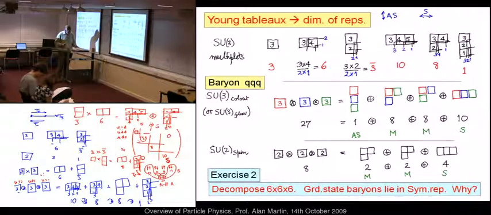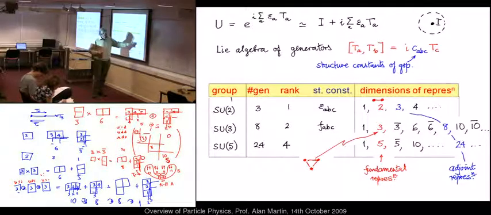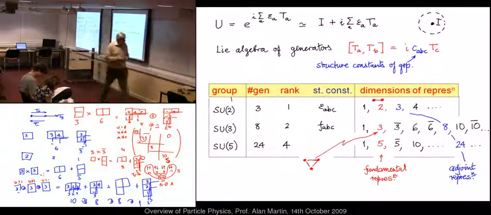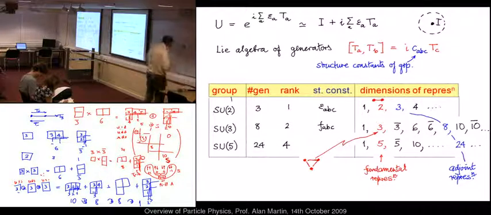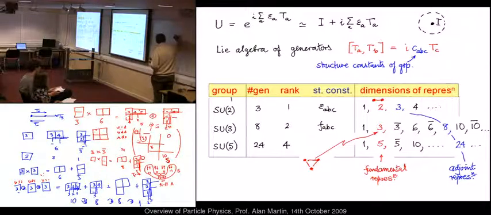Where are we? This way. You see the 6, I can't remember what the 6 bar is. I would guess 6 bar would be this one. Now here's an interesting one. That's an allowed Young tableau, okay? So let's just check whether that's 6 bar. 3, 4, 2, 3, okay?